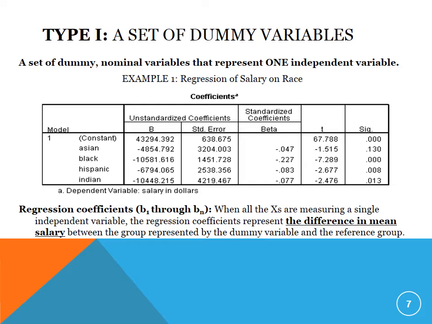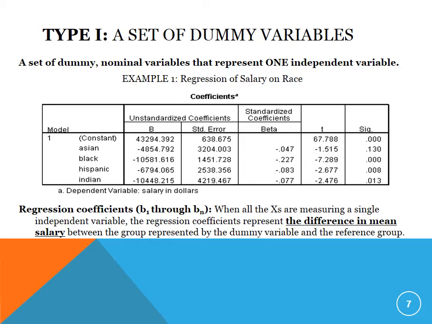So understand, hopefully, now that the reference group is what we need in order to compare the values we see here in the output. So white is being compared to Asian, white is being compared to black, to Hispanic, to Indian, right?